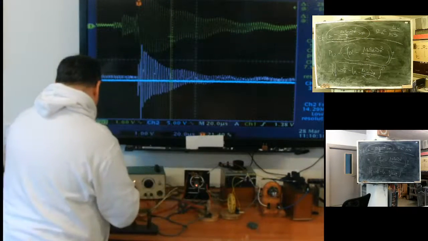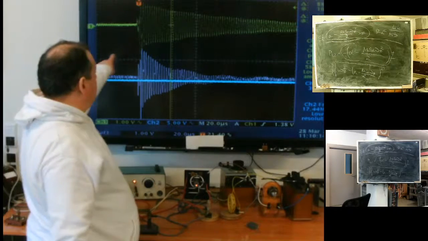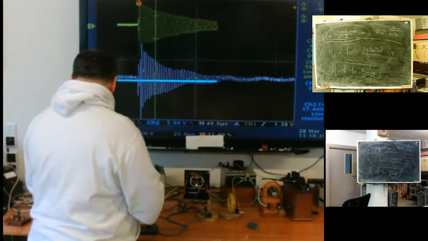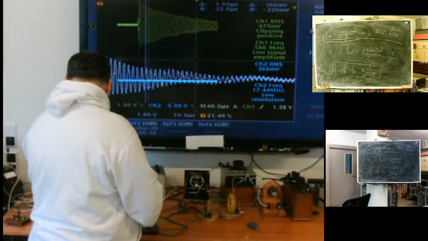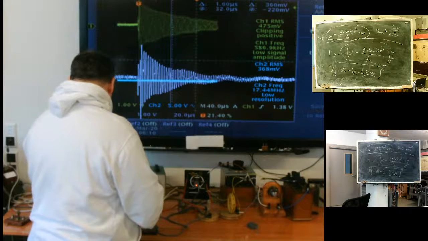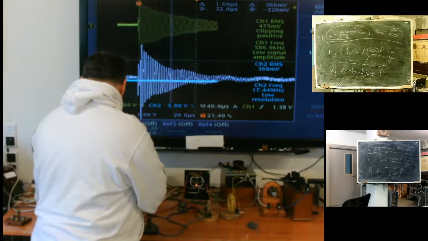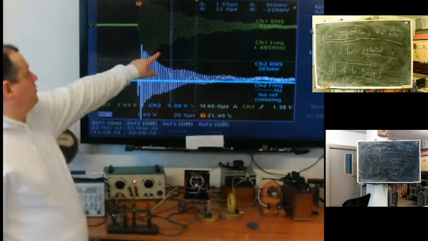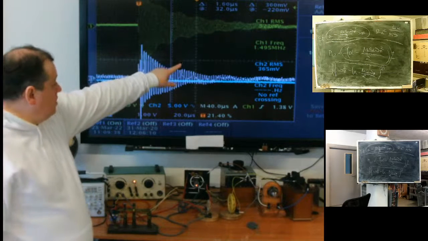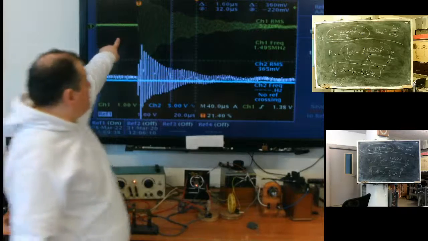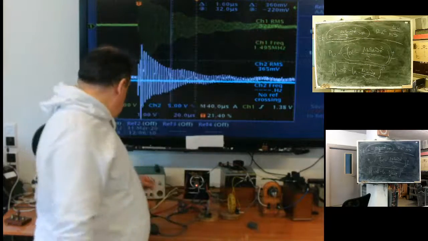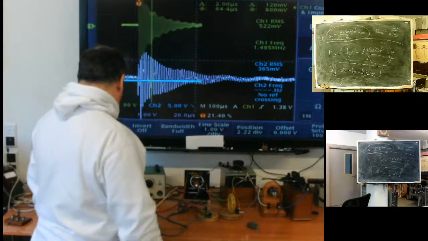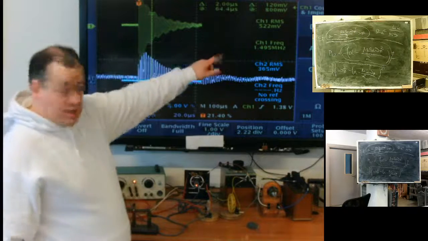Closer. It's stable, but you can see how long it takes to stabilize.